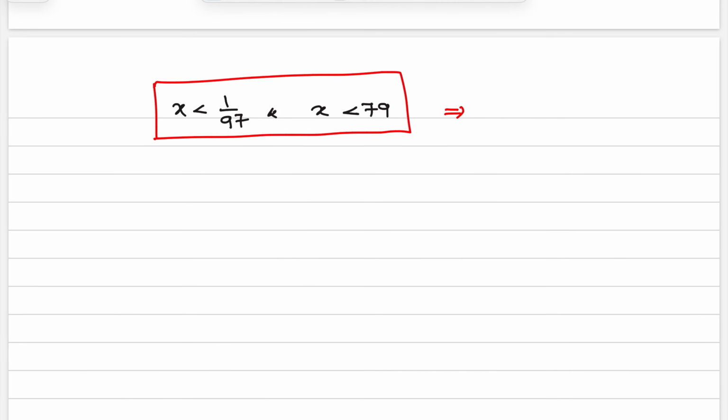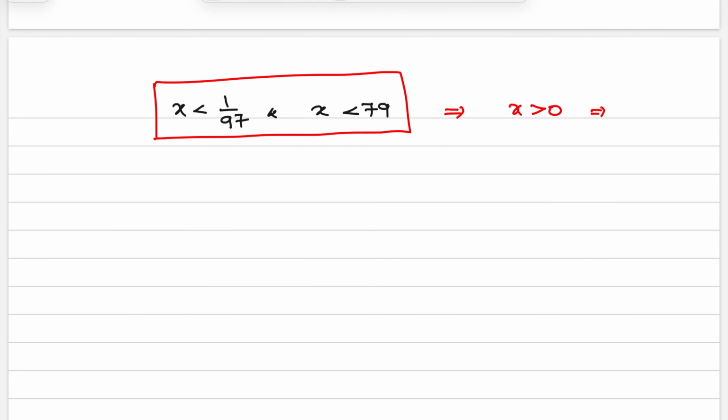That implies because x is greater than 0, that's what we have got from the given problem, because AB is greater than 1, x is less than 1 by 97 means negative values we should not take for x because x is greater than 0.